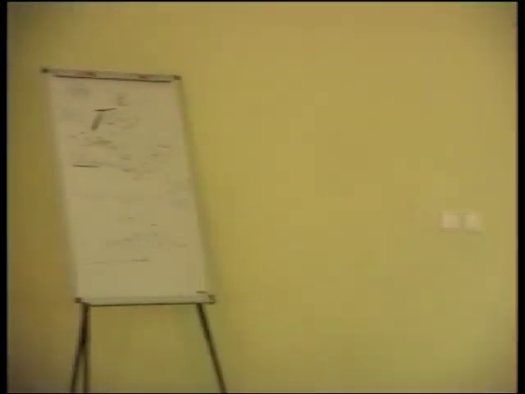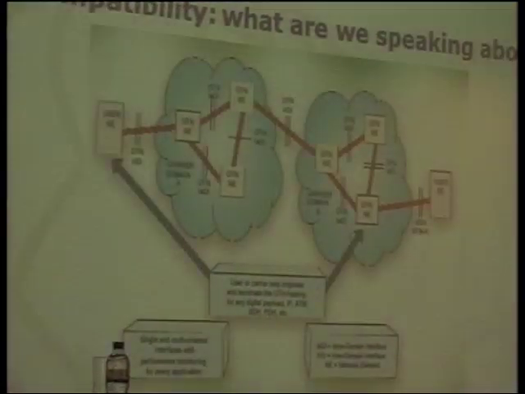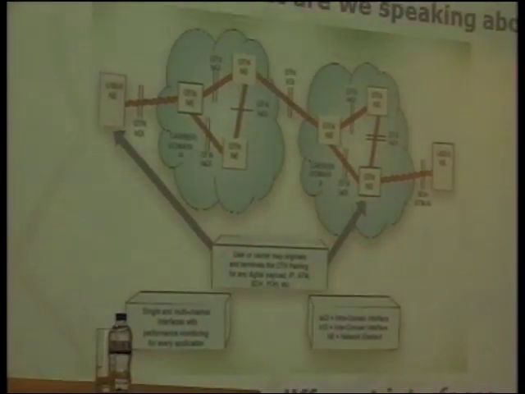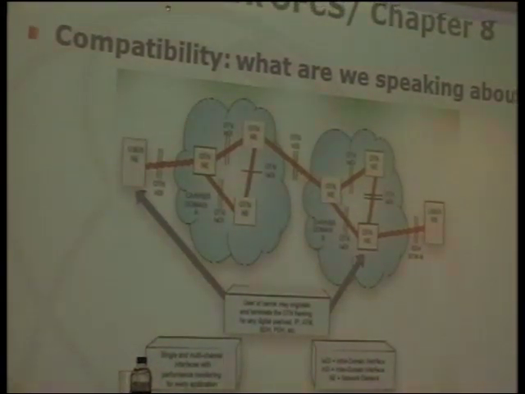In the real world, in the optical network, we put different systems from different vendors with different operating systems. And we have to decide what is compatibility and where we have to reach this compatibility. The most important concept is the concept of domain.